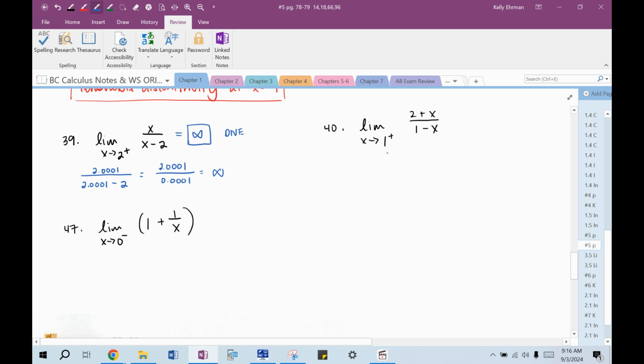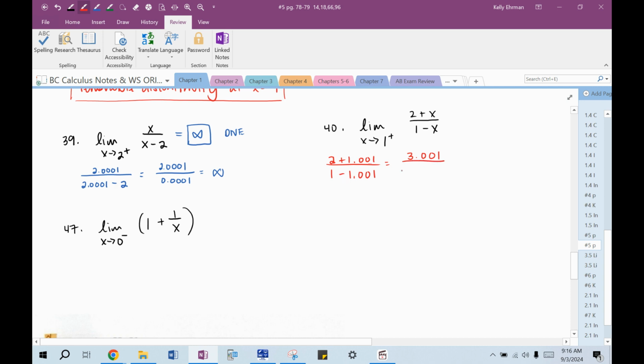For the next one, kind of the same idea. So I know that there is a vertical asymptote at 1 because I would get 3 over 0 if I plugged this in. But if I think about plugging in like 1.001 to the top and the bottom, I'd get 3.001. That's not really the important part up there.